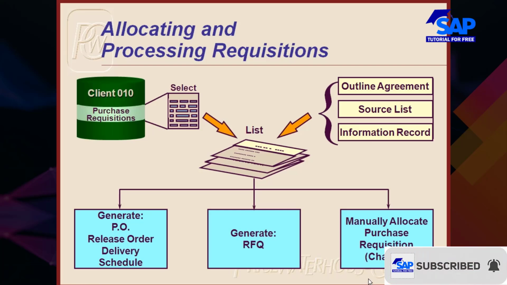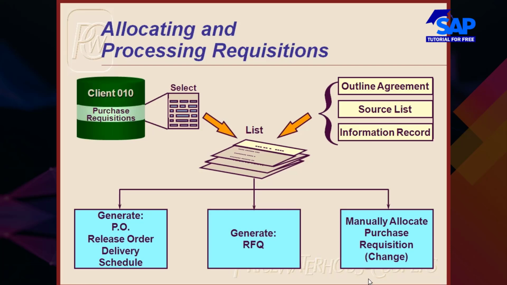For this material, only if the vendor exists in the source list can we create the purchase order. If the vendors do not exist in the source list, the PO cannot be created. Based on the material attribute, how can we restrict PO creation?